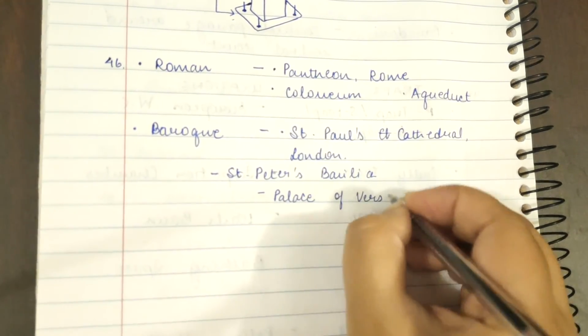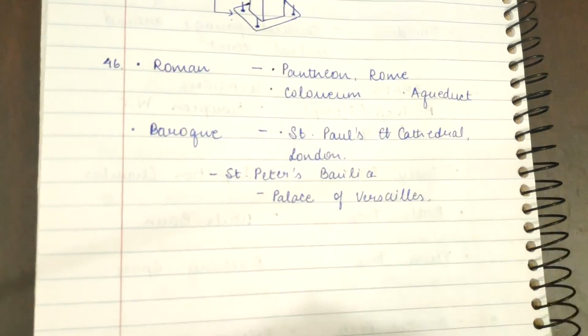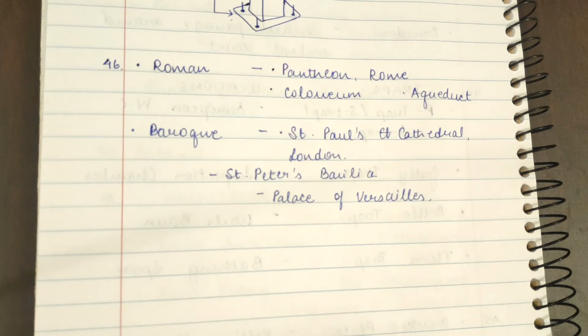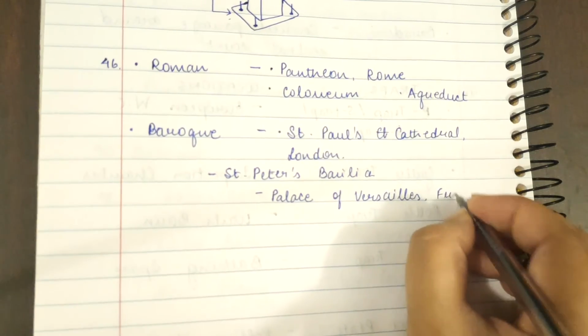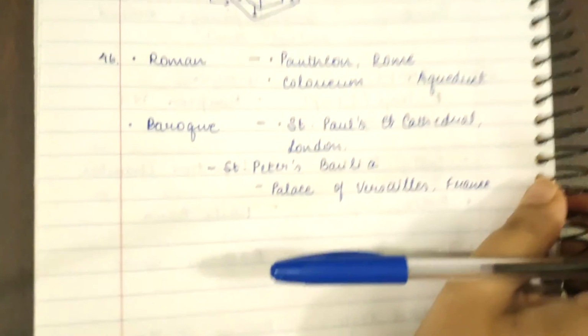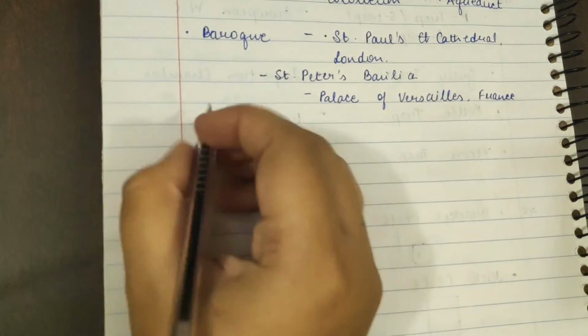We studied about the garden in the video where I've made a detailed discussion about gardens. So this is in France. The Versailles Garden is a formal French garden.